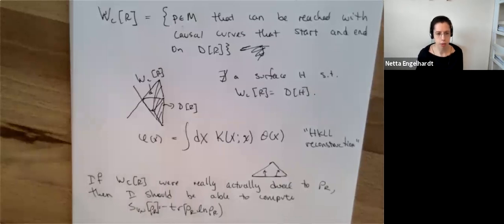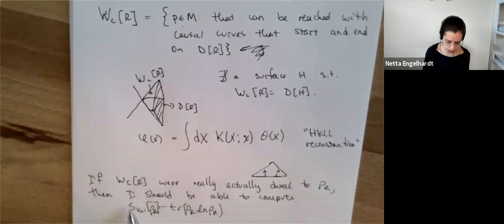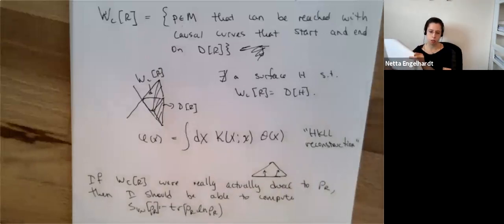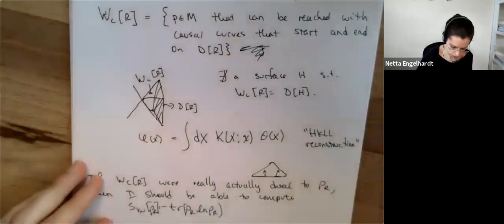So that would be one thing that we would expect in the case of a duality. I know I can compute this if I know the density matrix, and I can take the logarithm of the density matrix. So if in fact D of R is dual to the causal wedge, I should be able to compute this from data in the causal wedge. And that turns out to be false. So why is that false?